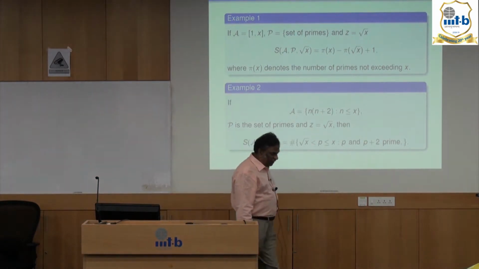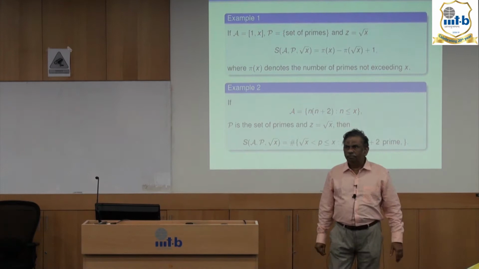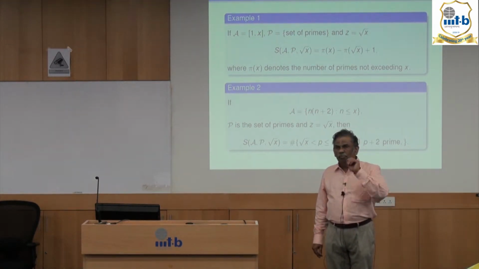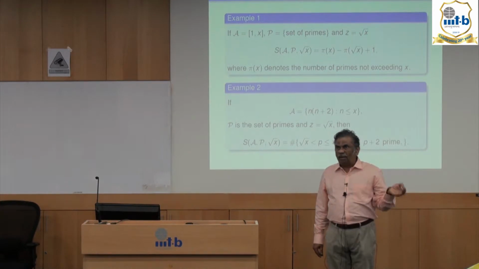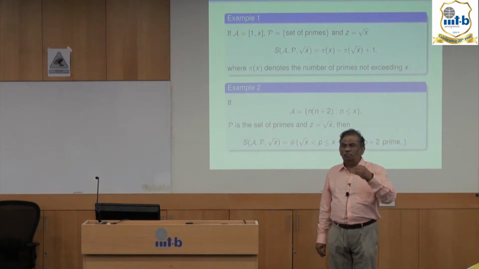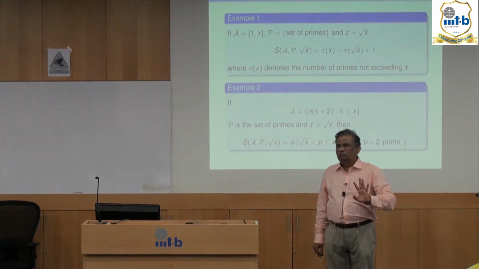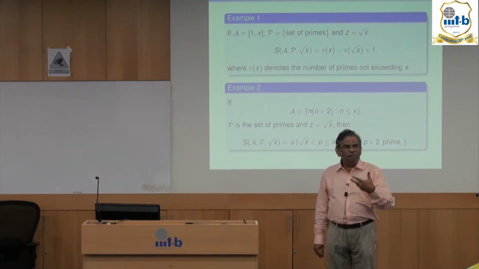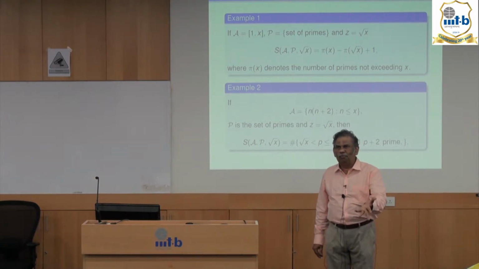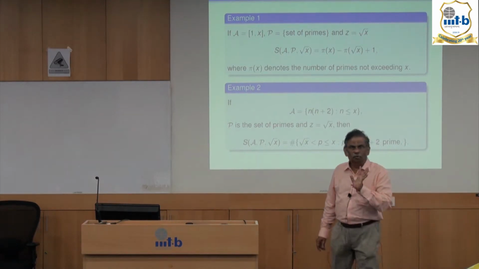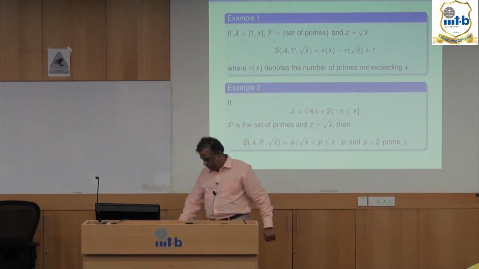You start with the set n into n plus 2, and then you remove all primes. If n into n plus 2 is a multiple of a small prime, then you remove that term. Therefore, n into n plus 2 will not be a multiple of a small number, which essentially means this n also has to be a prime and n plus 2 also has to be a prime. That's exactly what you do in twin primes.